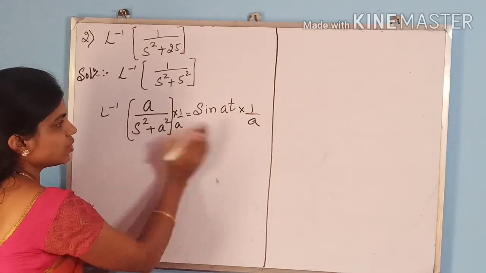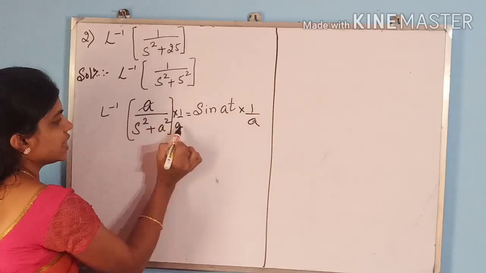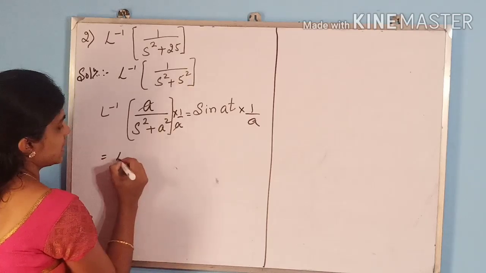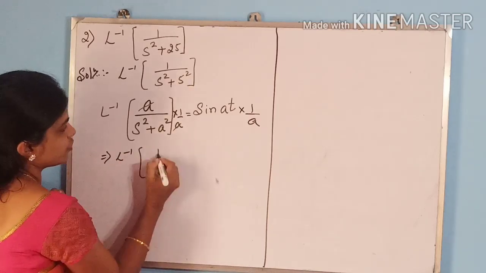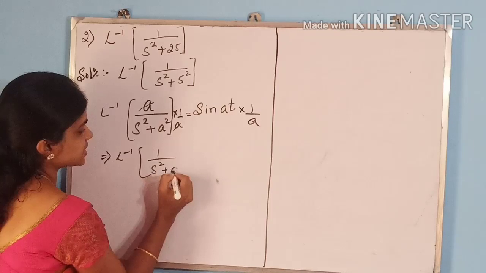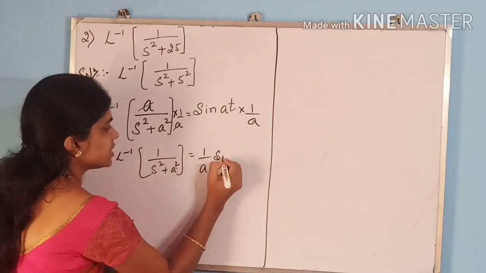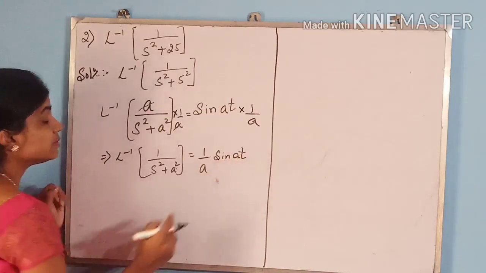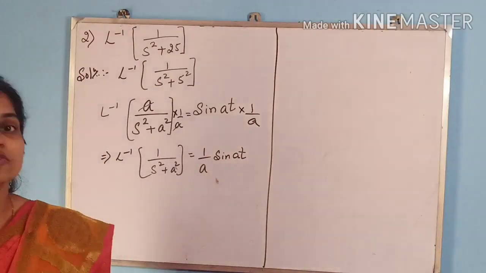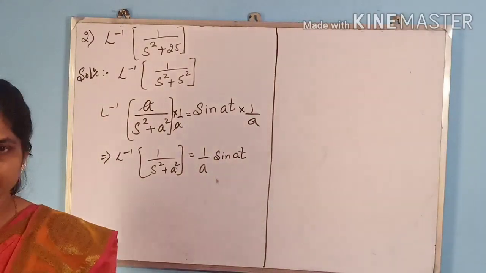So when I divide both sides by a, what I am going to get is Laplace inverse of 1 by s square plus a square is equal to 1 by a sine at. So I am not changing the formula. It is the same, right?